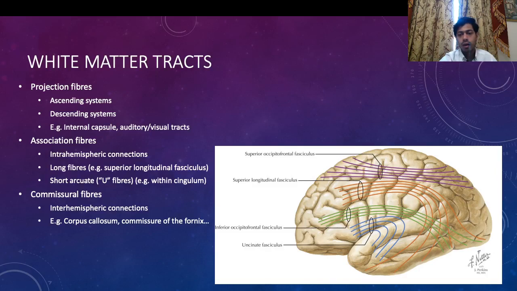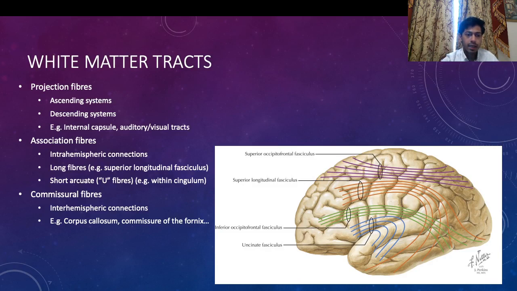So within one lobe, we can have a transfer of information from the frontal lobe to the parietal lobe to the occipital lobe, and those are via the corpus callosum, the commissure of the fornix, and others.